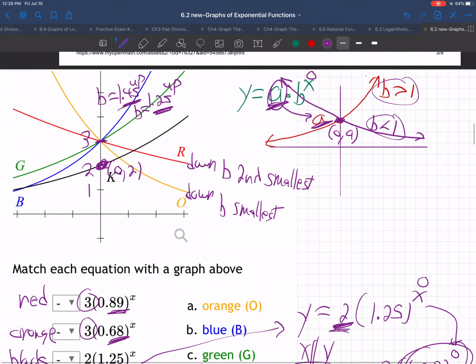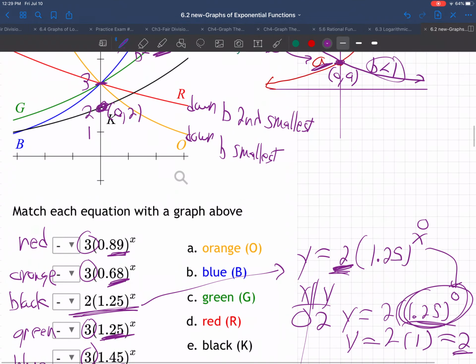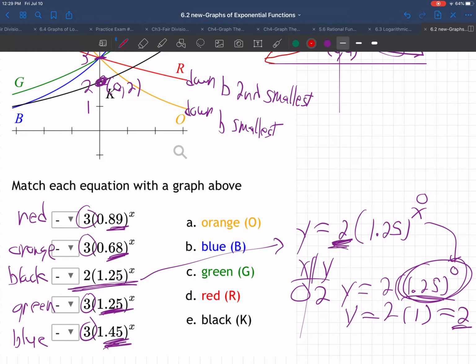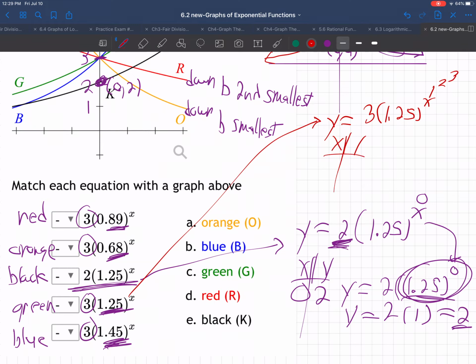Now what about the b thing? Let me grab the 1.25. Y equals 3 times 1.25 to the x. If you plug in 1, 2, 3 for x, you get 3 times 1.25 to the 1, 3 times 1.25 to the 2, 3 times 1.25 to the 3.